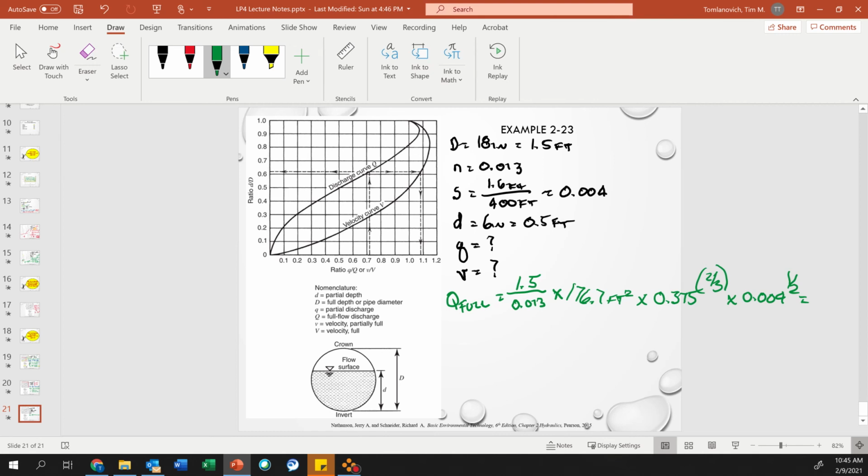And I get 670.5. I'm going to say 671 cubic feet per second.